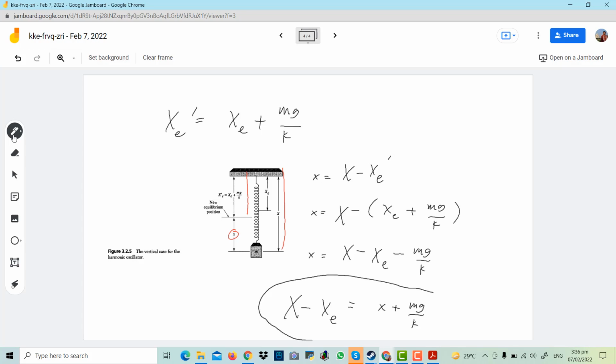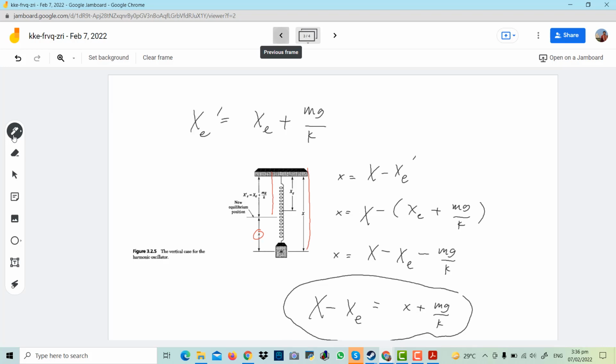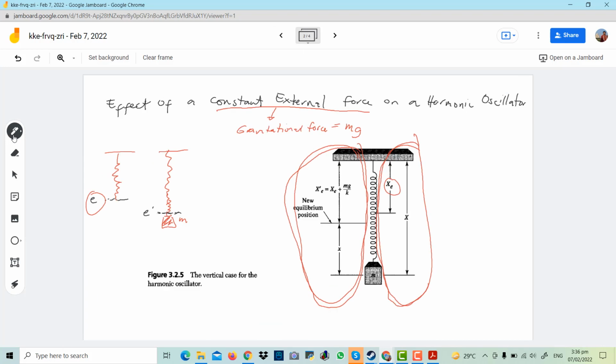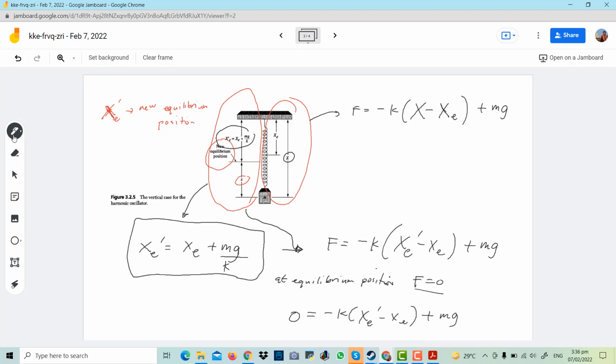And at this point, we actually relate the measurements based from the old equilibrium position and the new equilibrium position.